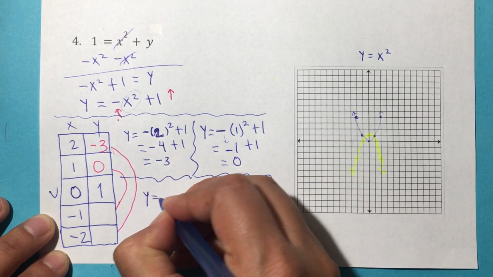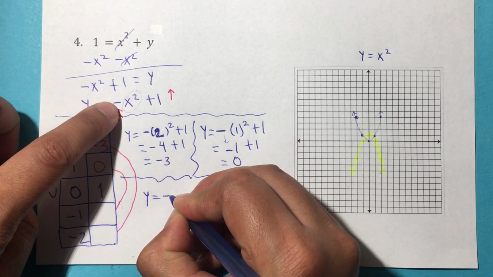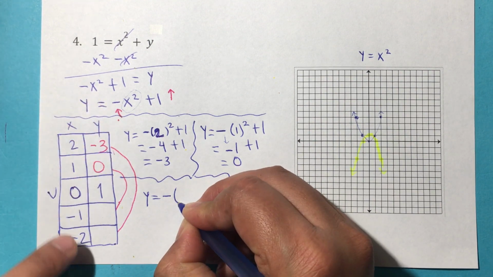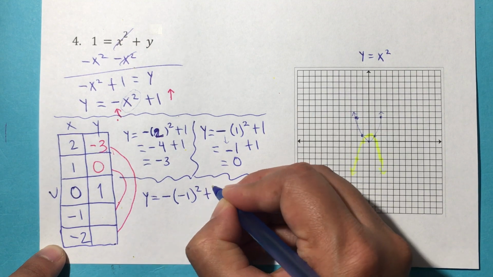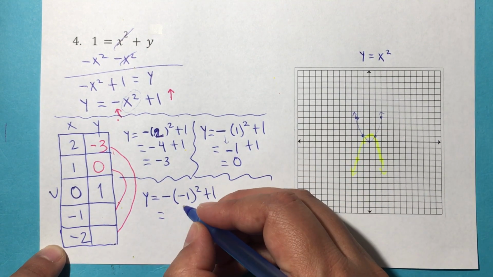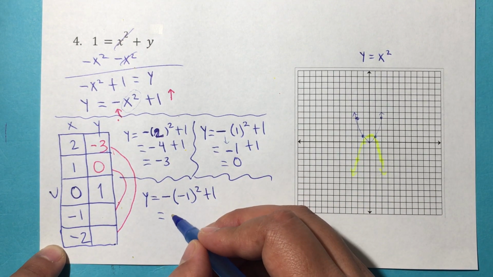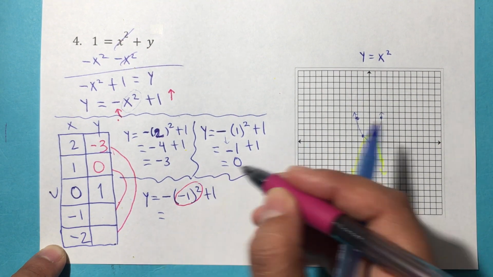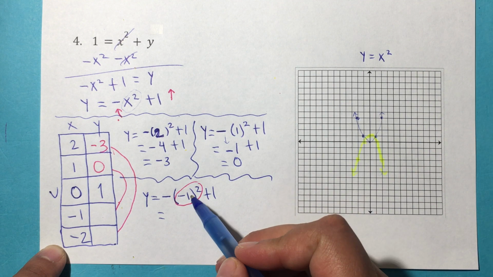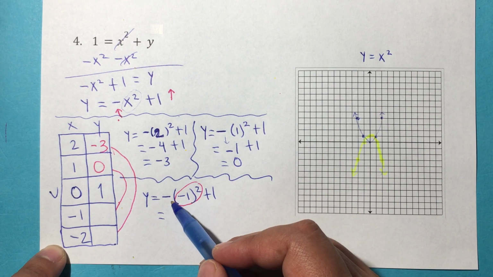Now y is equal to, bring down the negative, replace the value of x, which is negative 1 squared plus 1. And then some people would say negative times negative is positive. No, remember that we have to do the exponent first according to PEMDAS, exponent first and then multiplication.